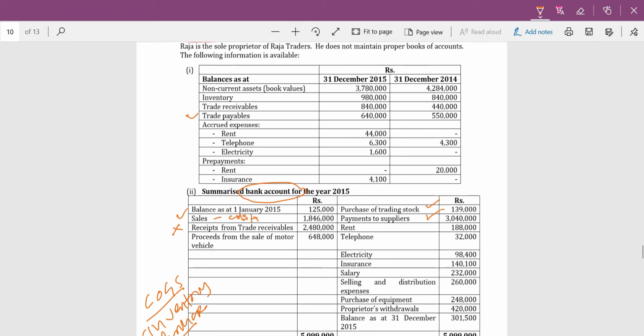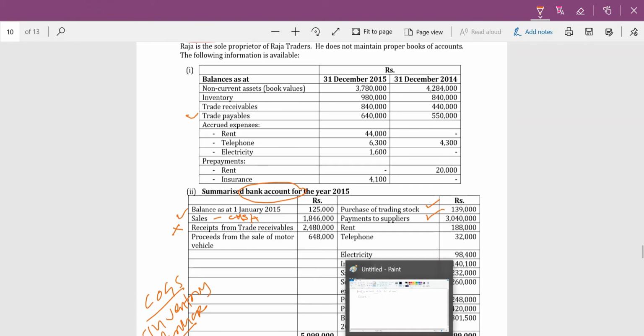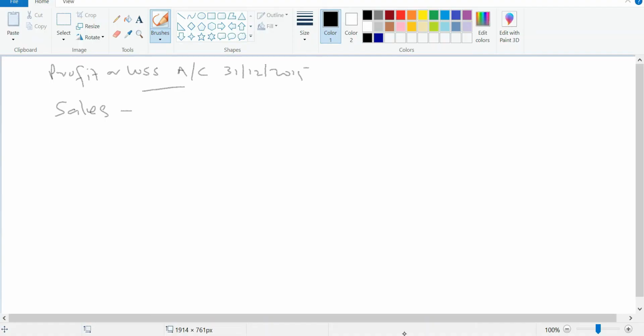So straight away we can take the cash sales, 1,846. I'll give all this information in thousands. So 1,846 is cash sales. What about credit sales?